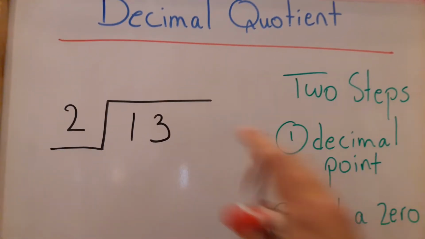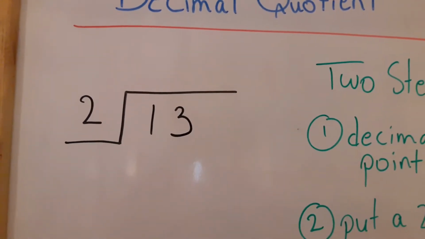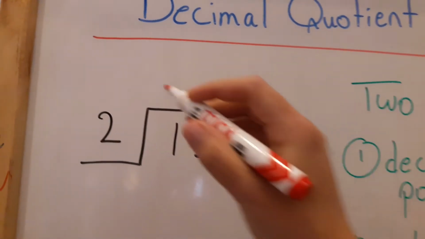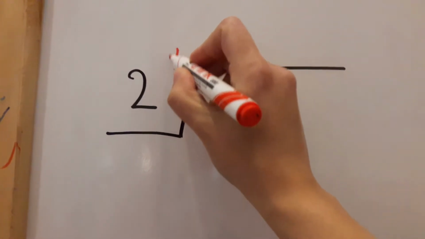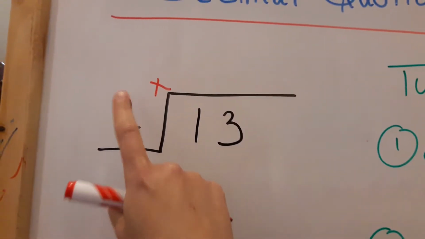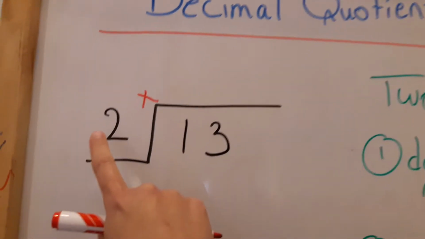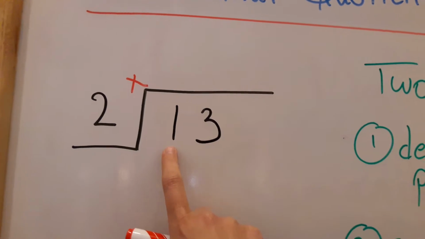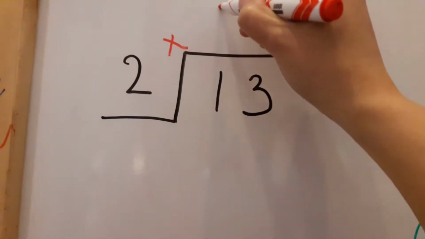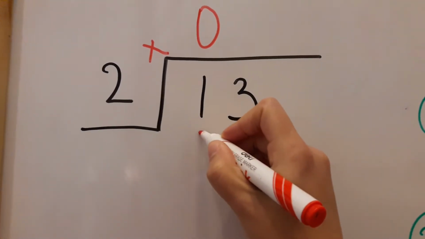So this is the normal division that we reviewed last week. Over here I'm going to put a small multiplication sign, and since we have a one-digit divisor, I'm going to take one digit from the dividend. 2 times what gives me 1? There is no number, so we put 0. 0 times 2 is 0.